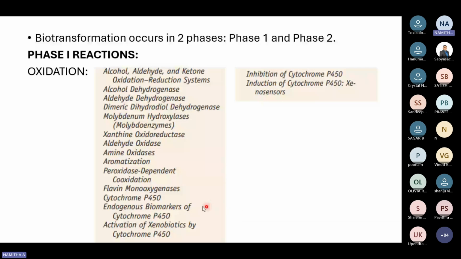So these are all the phase 1 reactions. Phase 1 reaction includes hydrolysis, reduction and oxidation.